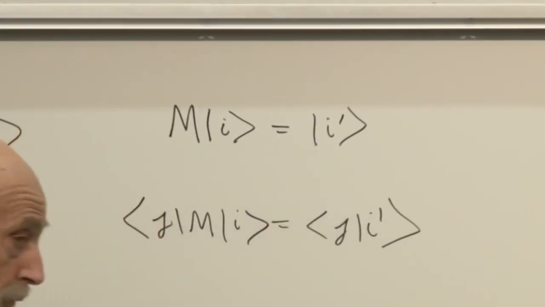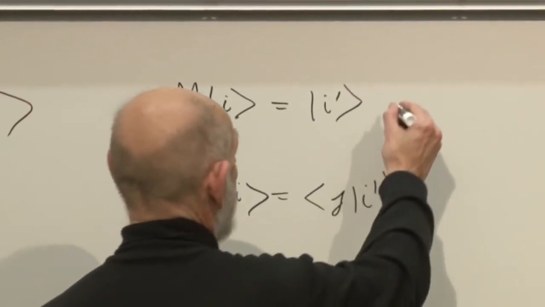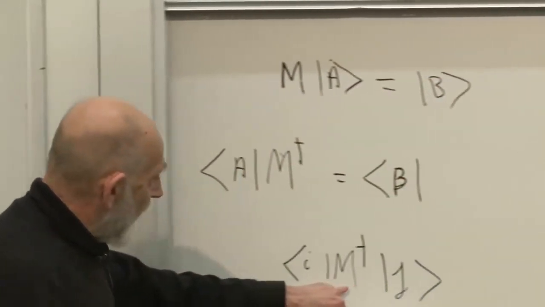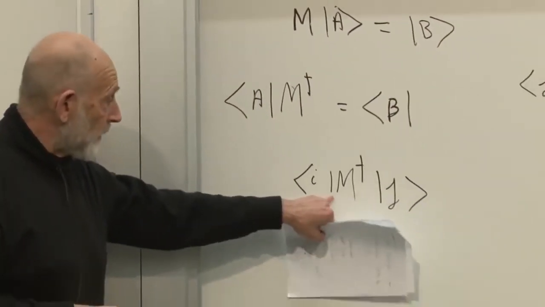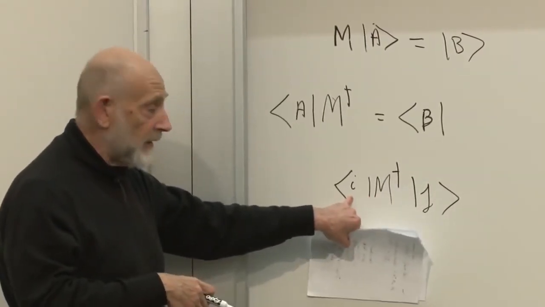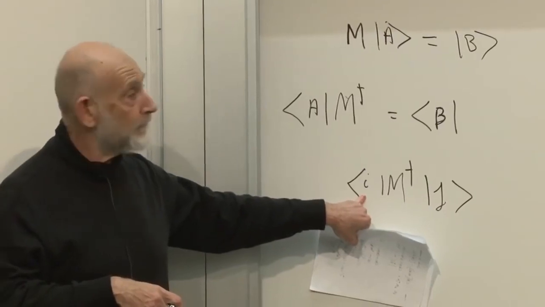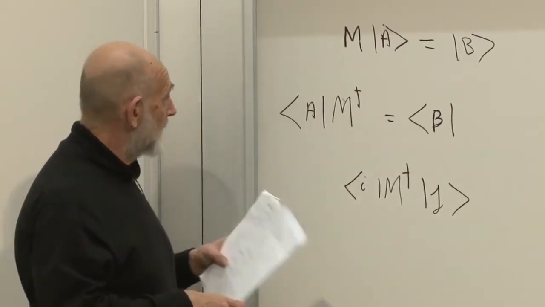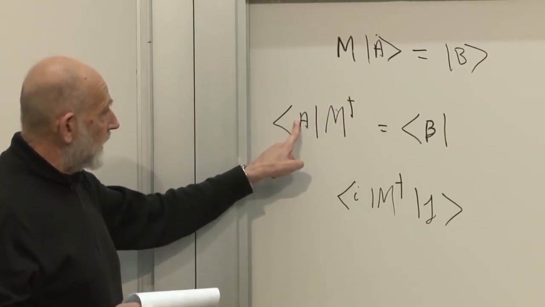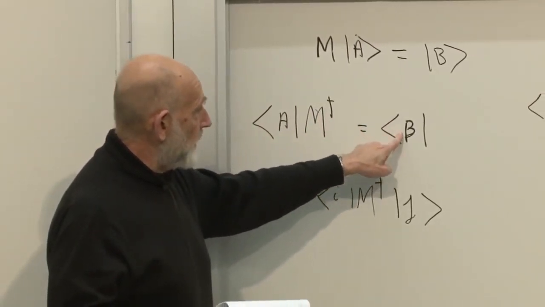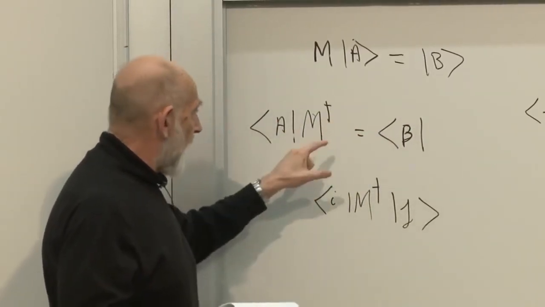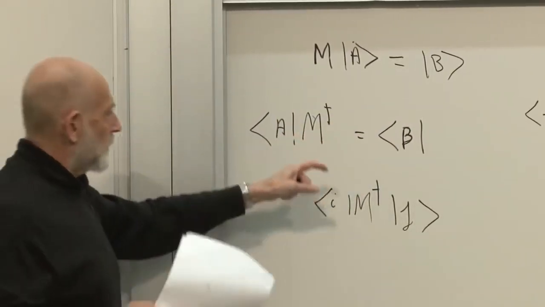If this is true, then by definition, what does M dagger acting to the left give on ⟨i|? Okay, look at this equation here. M dagger, when it acts to the left, gives the bra vector B. All right, so that's all that dagger does, it sort of turns the equation over.